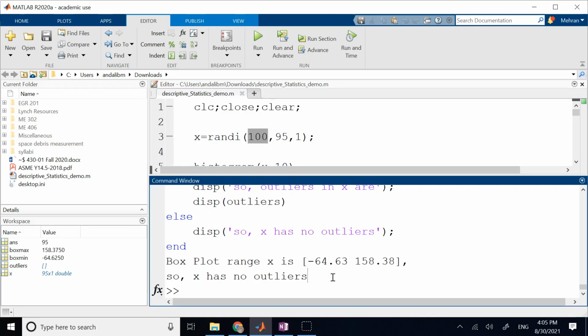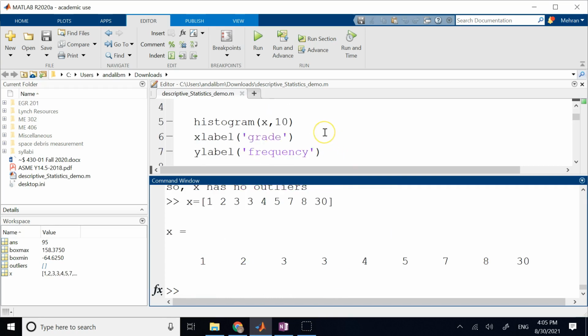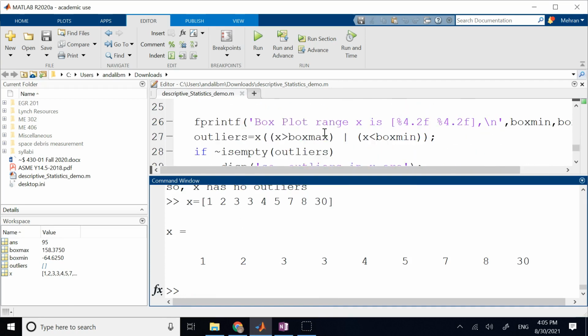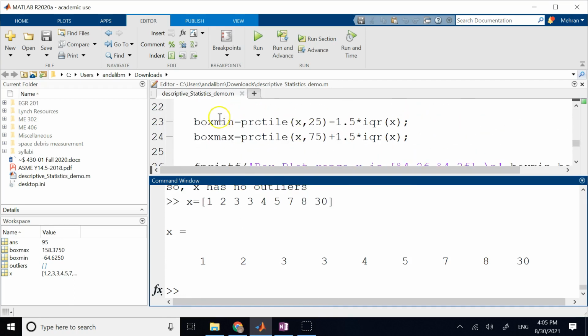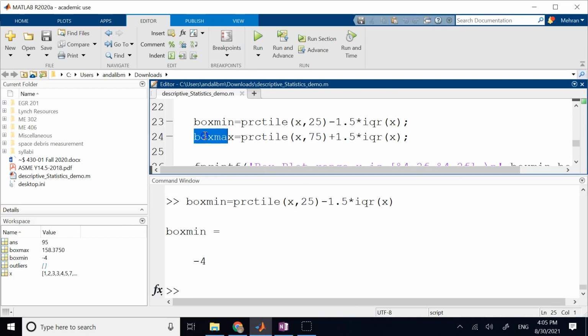But if I used the X vector that I mentioned earlier, so if I change my X to 1, 2, 3, 3, 4, 5, 7, 8, and instead of 9 I use 30, and now I run this again, you'll see that my minimum of the box is -4 and the maximum of the box is 14.